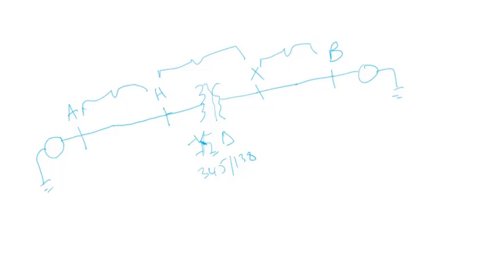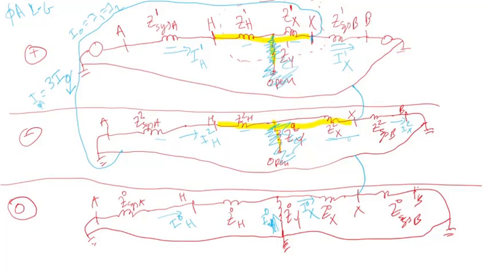So that's what I did here, and from here I created the sequence network. So you see the positive sequence, negative sequence, and zero sequence network. It set up some terminology, so on and so forth. I would recommend watching the previous two videos. So now I'm going to continue.